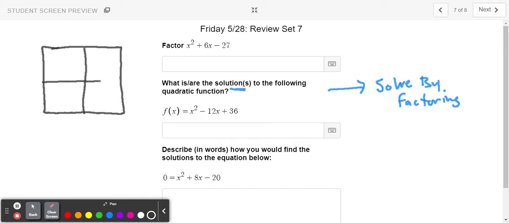Do our box method. x squared, the A term, on the upper left. 36 is the C term on the bottom right. And we need to find two numbers that multiply to 36 and add to negative 12.